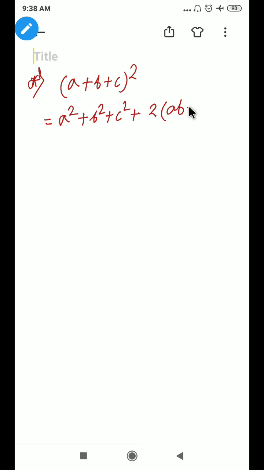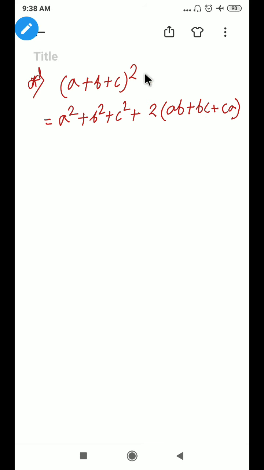Look here. a plus b plus c whole square is equal to what? a square plus b square plus c square plus 2 into ab plus bc plus ca. Here, this is the relation between a plus b plus c, a square plus b square plus c square, and ab plus bc plus ca.